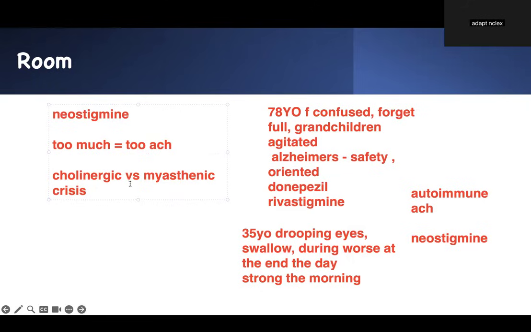Cholinergic crisis means I gave you neostigmine and it became too much. What you give them when they have cholinergic crisis is atropine to stop everything. What you give them when they have myasthenia gravis crisis is neostigmine. That is the difference between those two.